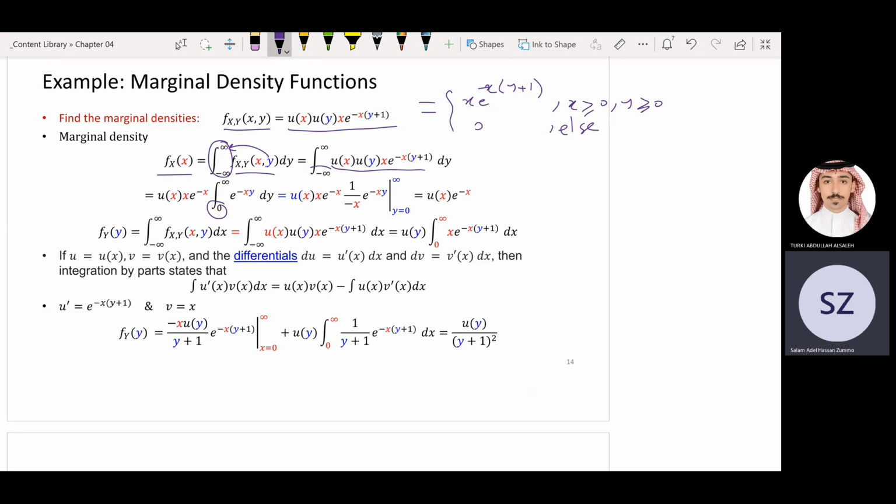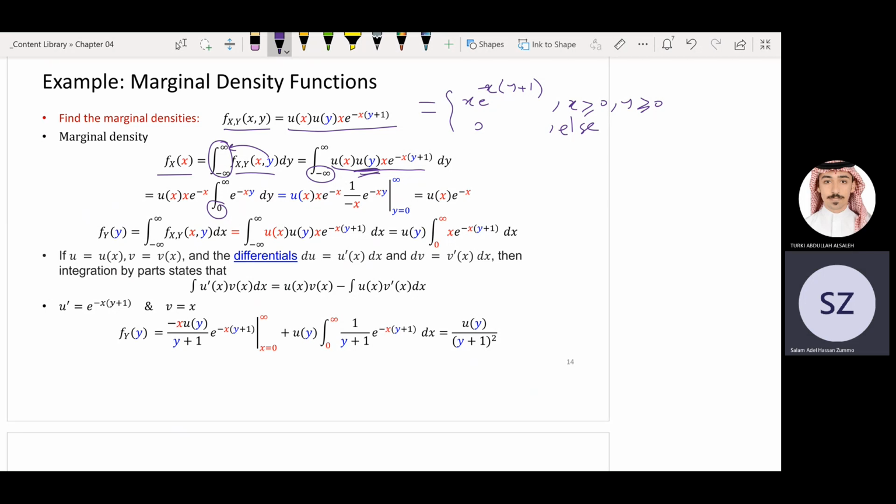Here the limit is minus infinity because we are still putting the step function. Once we remove the step function, the limit should change, because this is not valid for y less than 0. For y less than 0, what is the value of the PDF? 0. Okay, so don't make this mistake. Is the idea clear here? We change the limit from minus infinity to 0 because there's a step function at y equals 0.